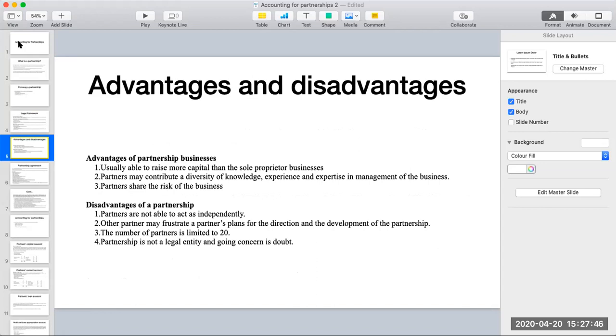The other type of business which does not have a legal personality is the sole proprietorship. So when we compare partnership businesses with sole proprietorship businesses, what are the advantages? More capital can be ascertained because there are more people. So more capital can be raised.